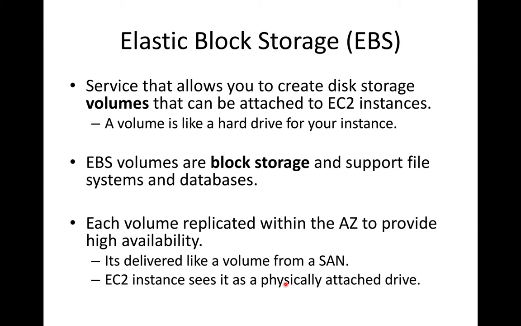But once that availability zone came back up, you should have access to your volume once again. And that volume is attached to the server. It's like the server is attached to a SAN, a storage area network, and the EC2 instance sees that volume basically as a physically attached hard drive.